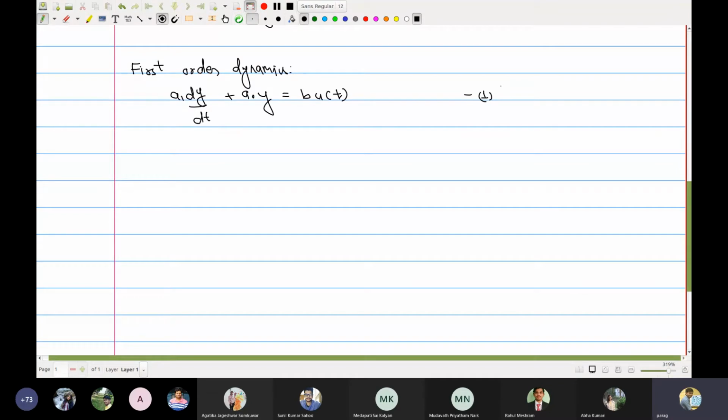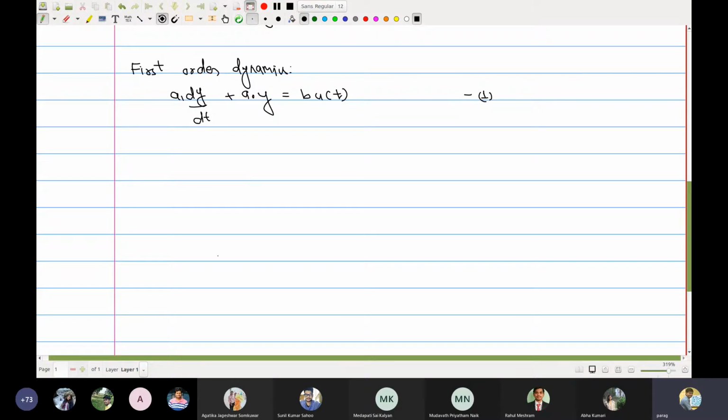Then I end up having these parameters. If we remember our analysis of these kinds of equations in the state space domain, we found that the parameters A1, A0 and B influence the dynamics of the system, not only quantitatively but also qualitatively, right? So I would like to know the effect of A1, A0 and B on the dynamics of my system, but not in state space representation, rather in the transform domain representation.